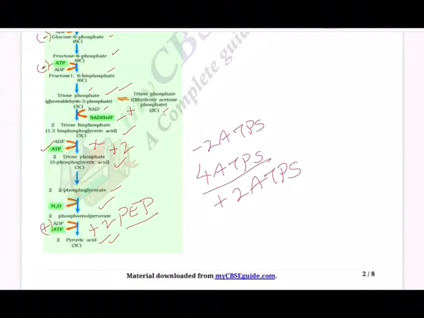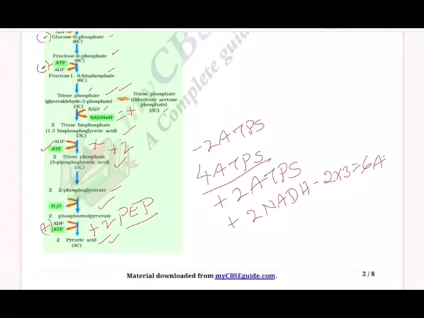Plus, what is important is there is formation of NADH. 2 molecules of NADH are produced. Where is it? This one. These are highly powerful molecules. These 2 molecules of NADH are equivalent to 6, that means 1 NADH is equal to 3 ATP molecules.